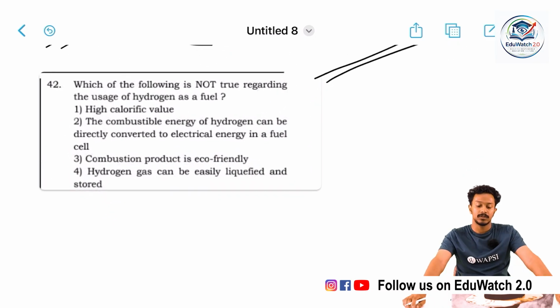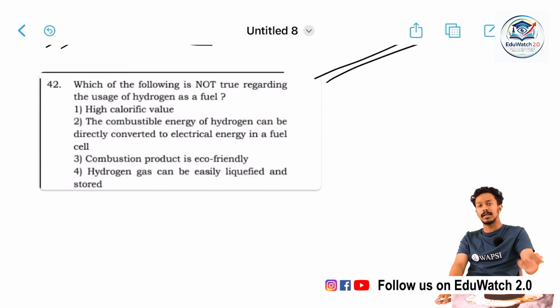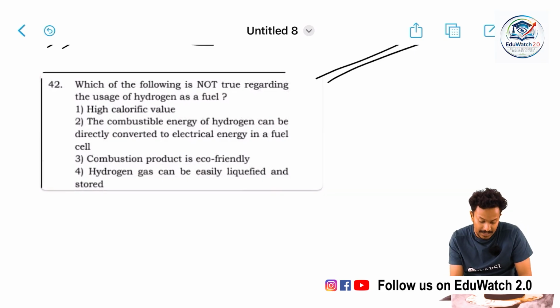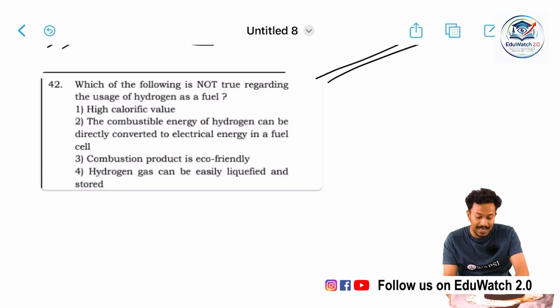Our next question is, which of the following is not true regarding the usage of hydrogen as a fuel? This is completely hydrocarbon related and petroleum chemistry. It has a high calorific value. That is true. The combustion energy of hydrogen can be directly converted to electrical energy in a fuel cell.